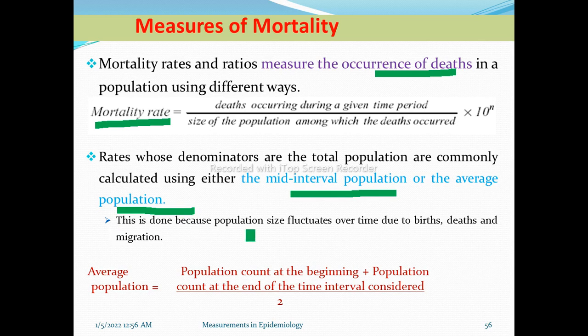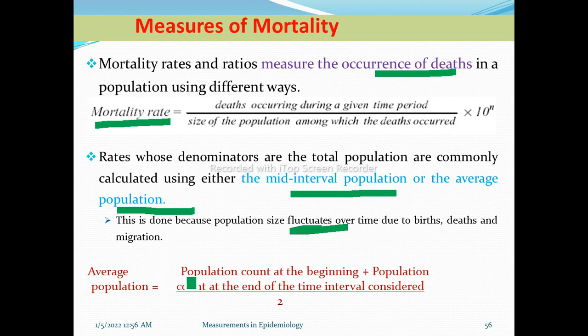This is done because population size fluctuates, varying from time to time due to births, deaths, and migration. People immigrate, out-migrate, and are born, so the population fluctuates. So either you take the average population or the mid-interval population in the case of mortality rate calculation.